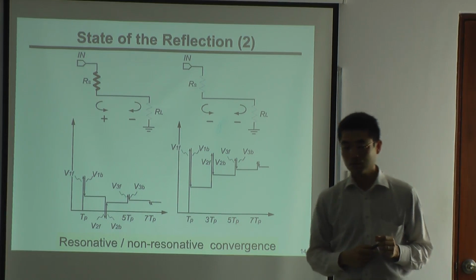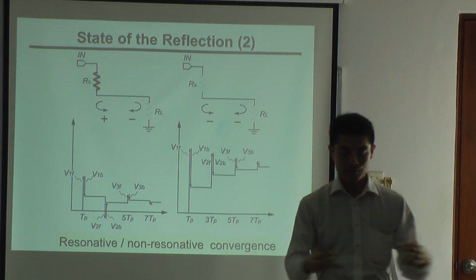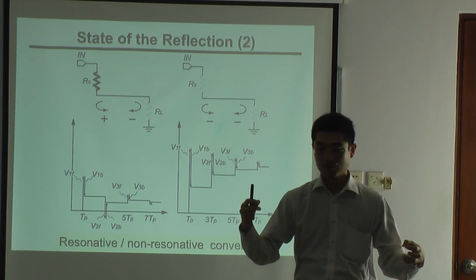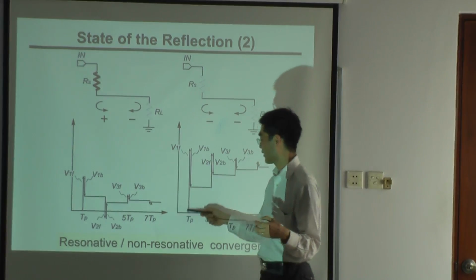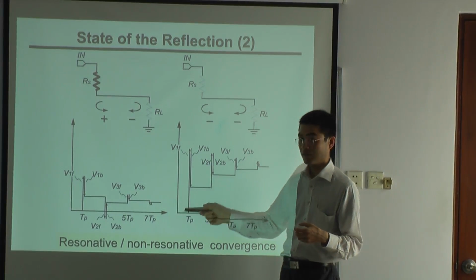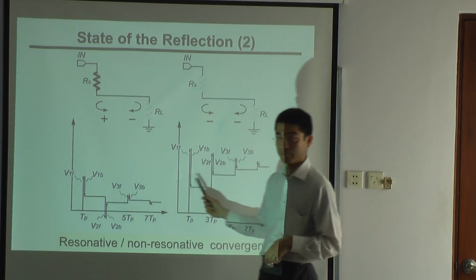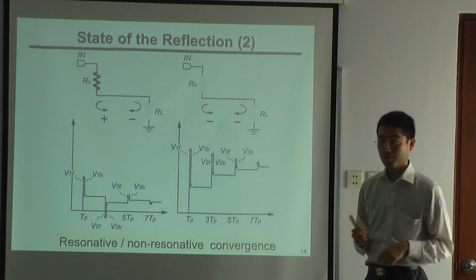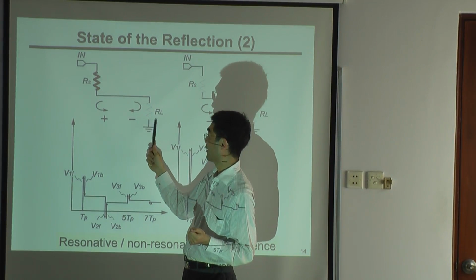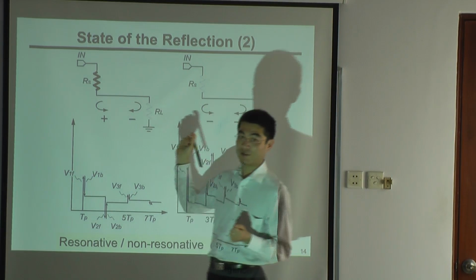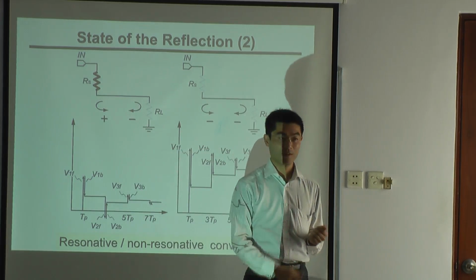So when you measure a long wire, you sometimes have this kind of voltage waveform, and sometimes it oscillates. That means it depends on the input impedance on the receiver side and the output impedance on the sender side.